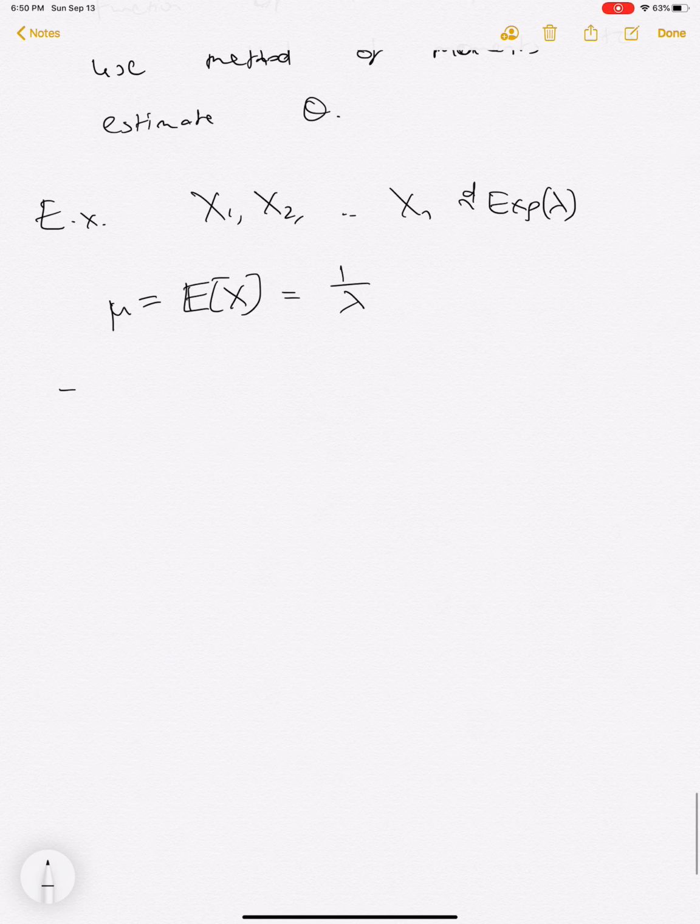Our goal here is to find an estimate for lambda, and we're going to use the method of moments procedure. So mu equals E of X, which is 1 over lambda, and we know that mu hat equals X bar.